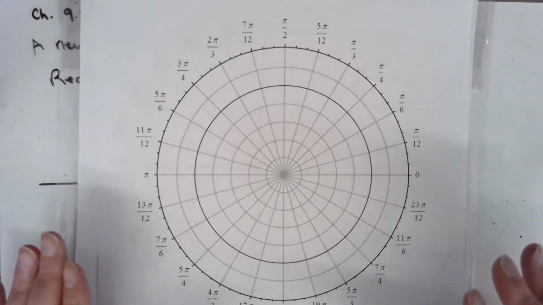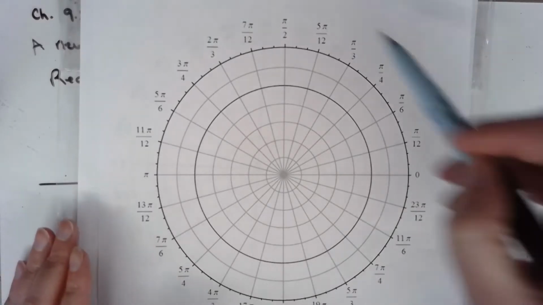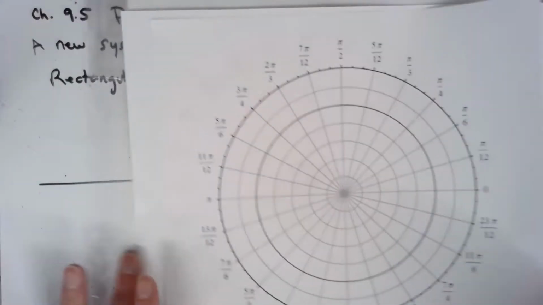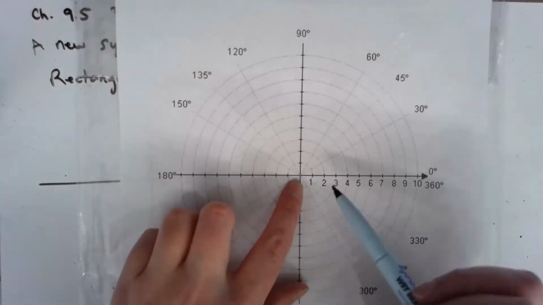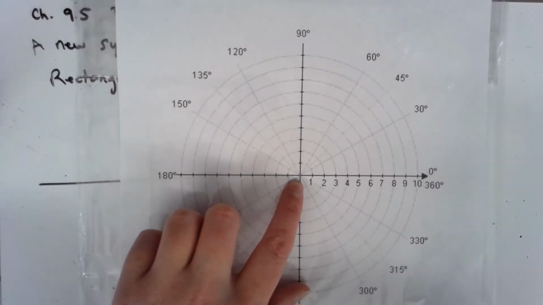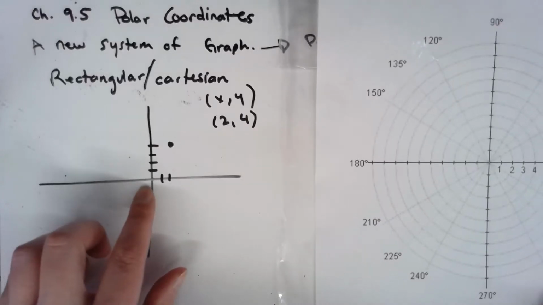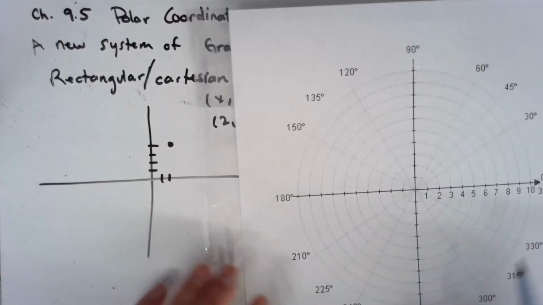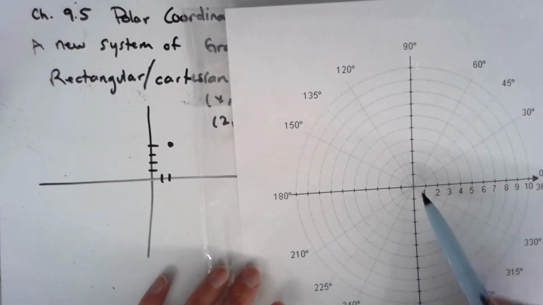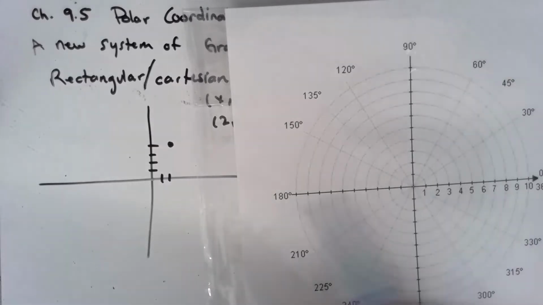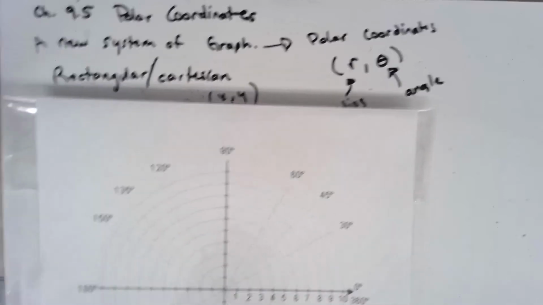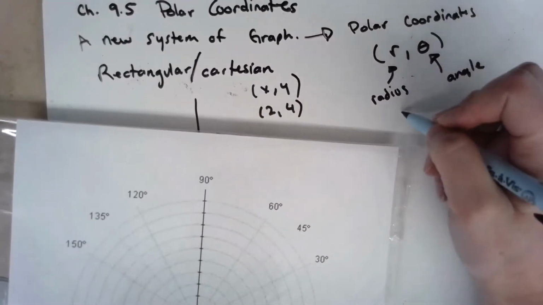On a polar coordinate, we have this circular shape. In a Cartesian plane the center is your origin. Here, our center is the pole.